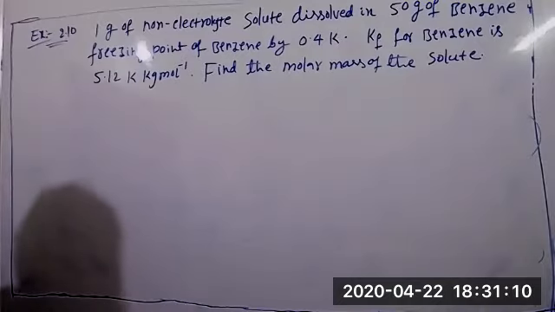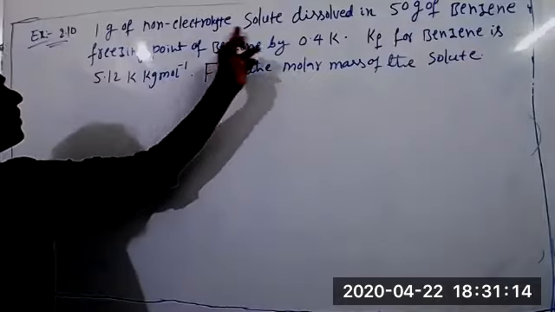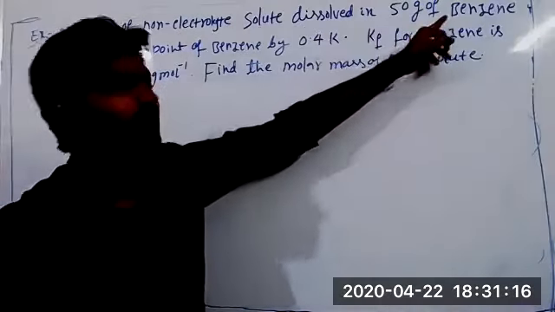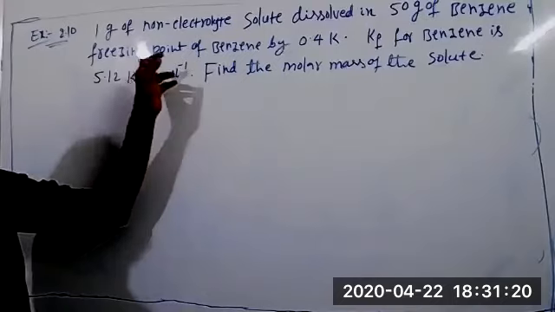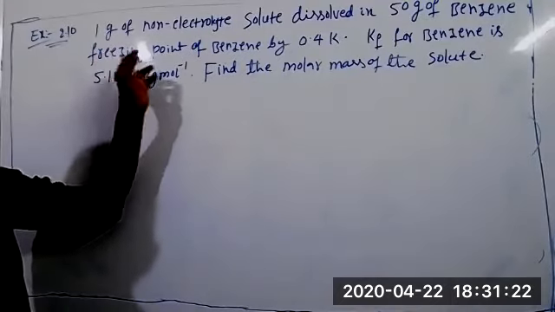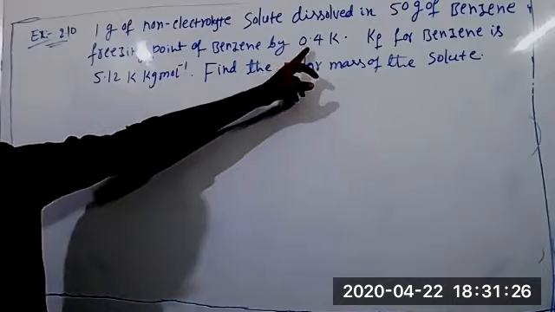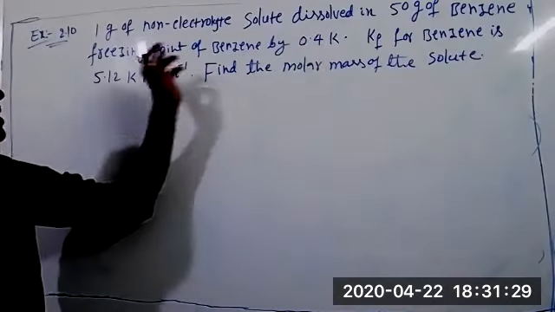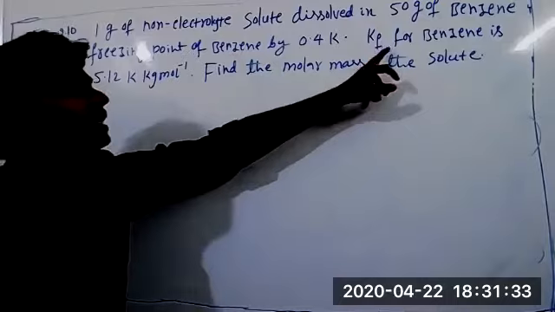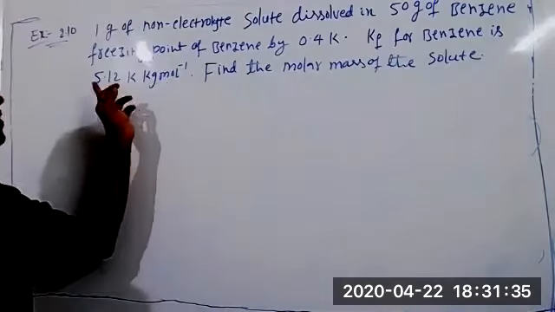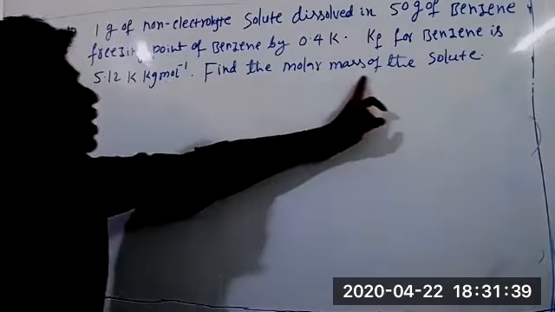Listen to the question. 1 gram of solute is dissolved in 50 grams of benzene. We don't know what the solute is, and its effect is that the freezing point of benzene is lowered by 0.4 Kelvin. So this is the depression in freezing point of benzene by 0.4 Kelvin. Kf for benzene is 5.12 Kelvin kilogram mole inverse. Find the molar mass of the solute.